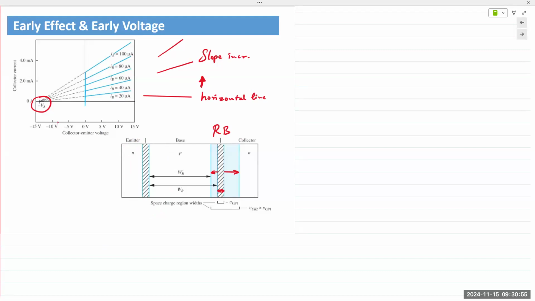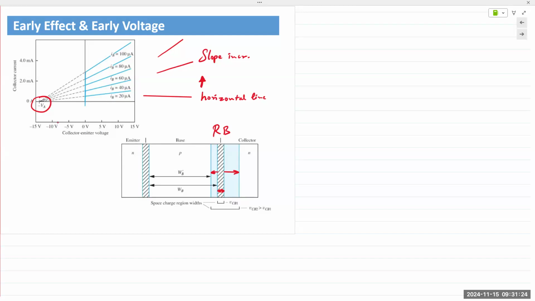The base itself is very thin to begin with, right? The collector is very lightly doped, so there are not a lot of charge carriers present in there. So when the depletion region increases, it extends into the base region, and the very thin base region has now shrunk even further. And when that happens, transit time, everything changes.